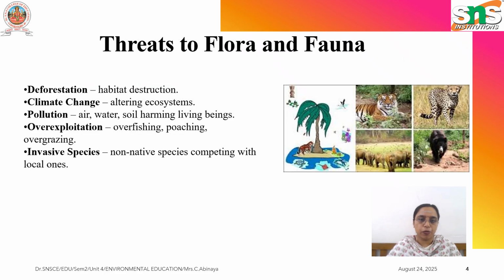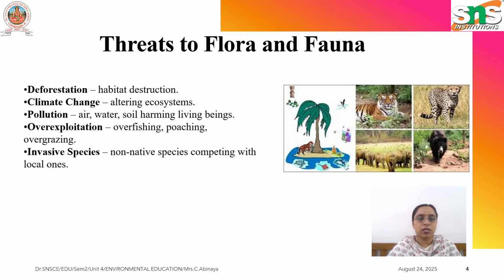Threat to flora and fauna. The first and foremost important cause of extinction of flora and fauna is deforestation and habitat loss. The main thing is clearing of forest areas.